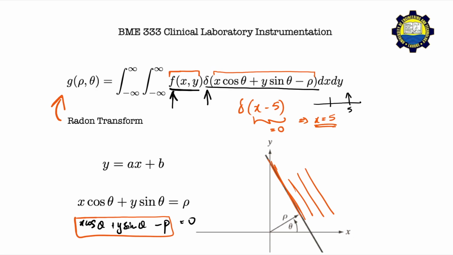So that's one way to understand the Radon transform, that it's taking these different lines, which we call projections, because they carry some information, because they are impulses essentially.